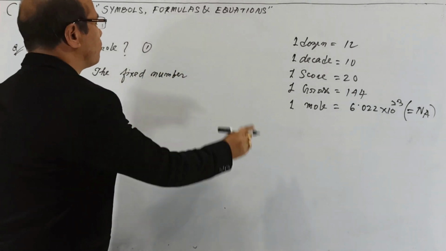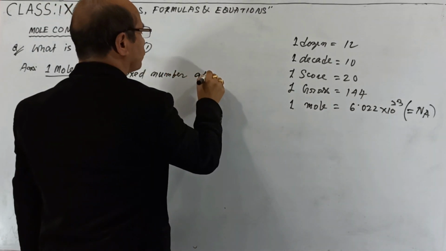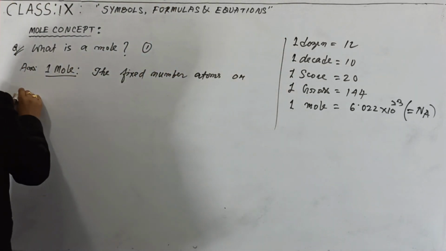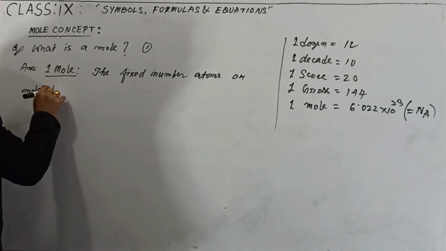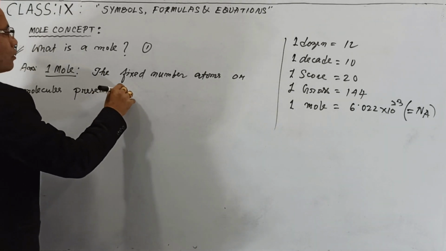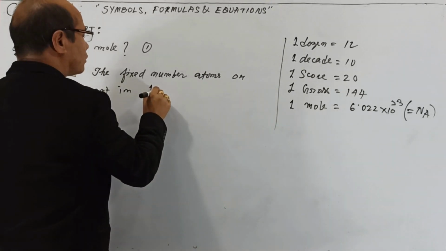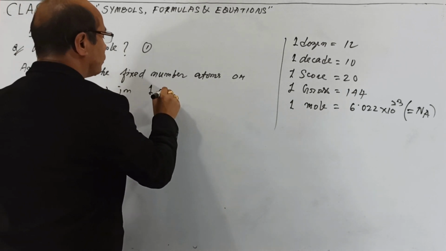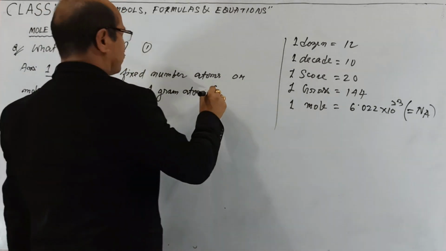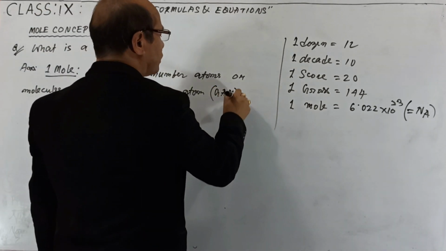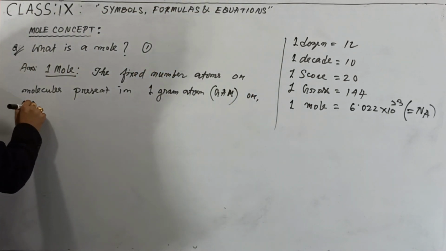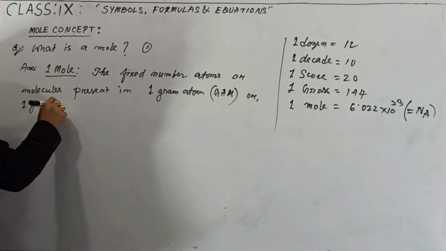The fixed number of atoms or molecules present in 1 gram atom, you can write like this, or 1 gram molecule.